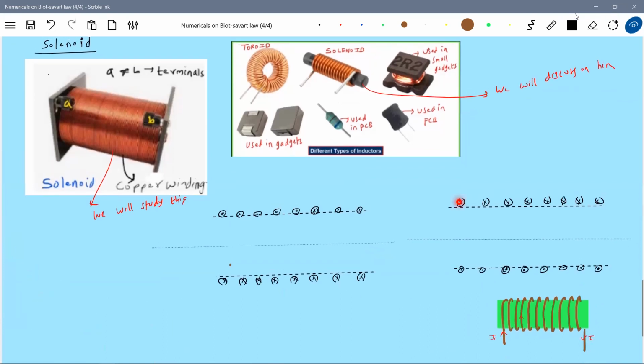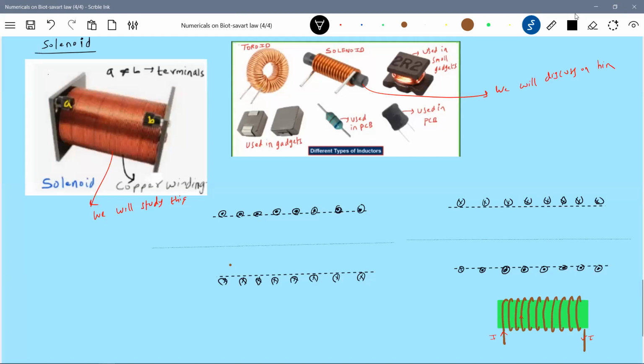The current here is entering, and at the lower part here, the current is coming out of the plane. Is it okay? I'm showing the dot. Hope everyone is able to understand now.